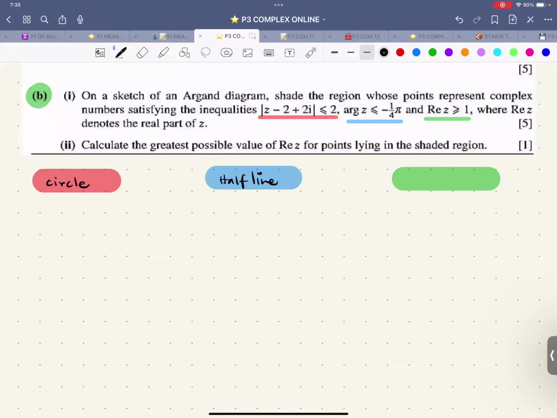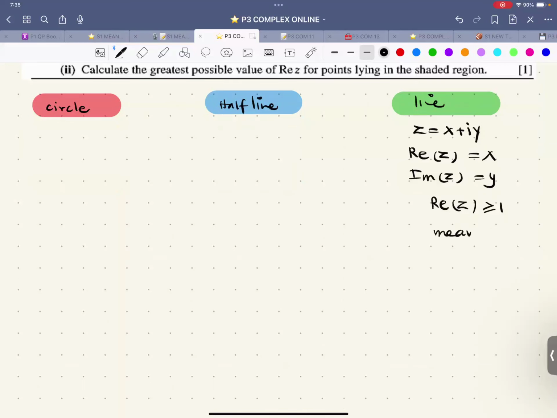The third one, that is again a line. So first of all, z is x plus iy. Real part of z is x. Imaginary part of z is y. When it says real part of z is greater than or equal to 1, it means what? It means x is greater than or equal to 1. So that is the first thing.